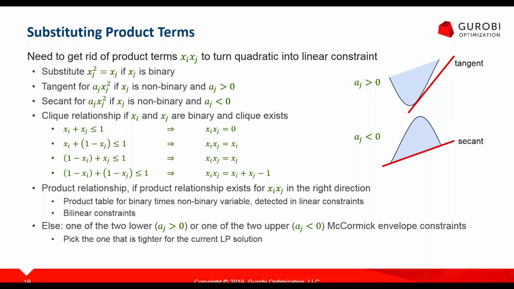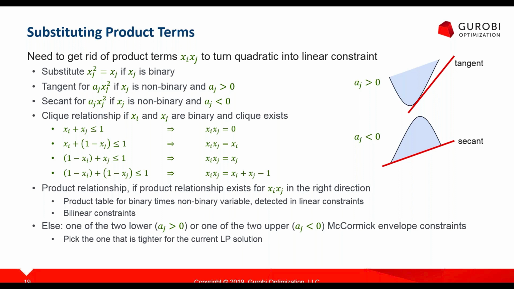So we have multiplied a constraint in which xj appears by xj, which gives us a square term, xj squared. And if xj is a binary variable, then the situation is very simple, because for binary variables xj, it just holds that xj squared is equal to xj, right? Because 0 squared is 0 and 1 squared is 1. So we can just replace the xj squared by xj in this case, and the term is linear.